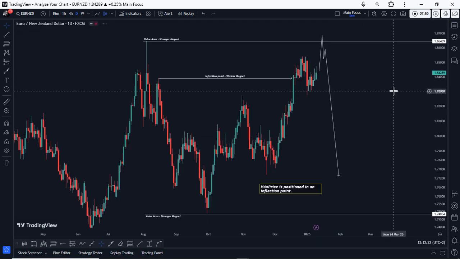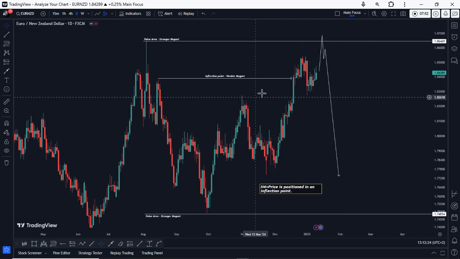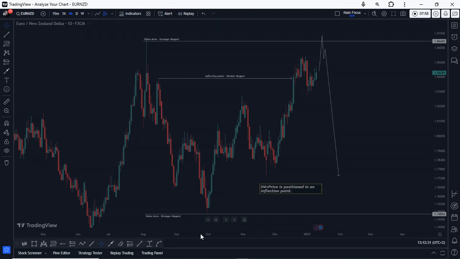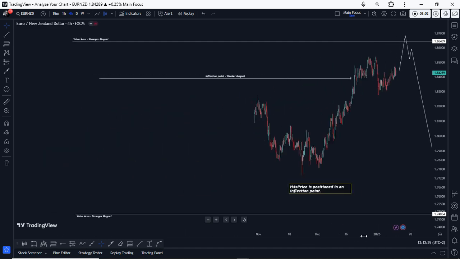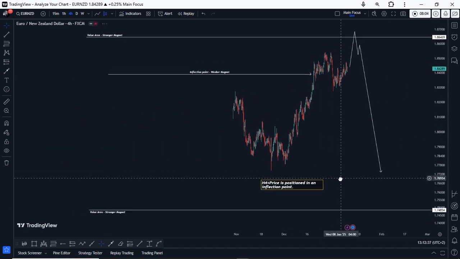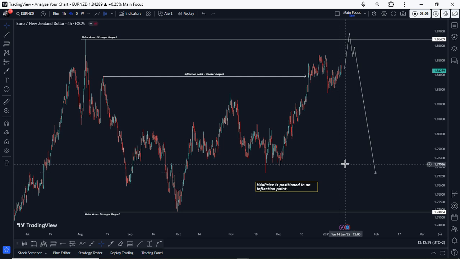On euro NZD, nothing complicated. We've got on H4. Let me get into H4 so we can clearly see what I view on H4. So price is positioned in an inflation point.